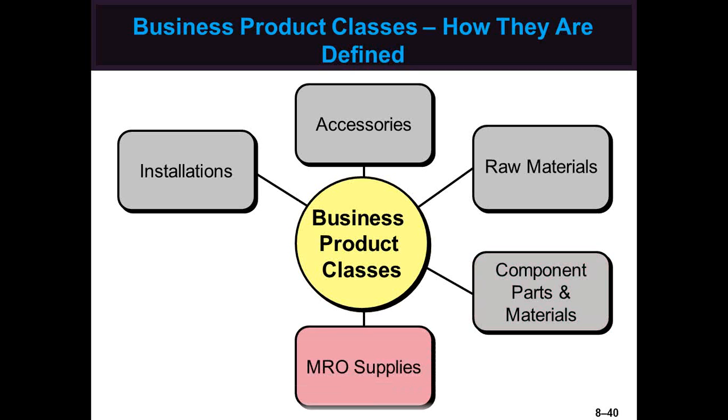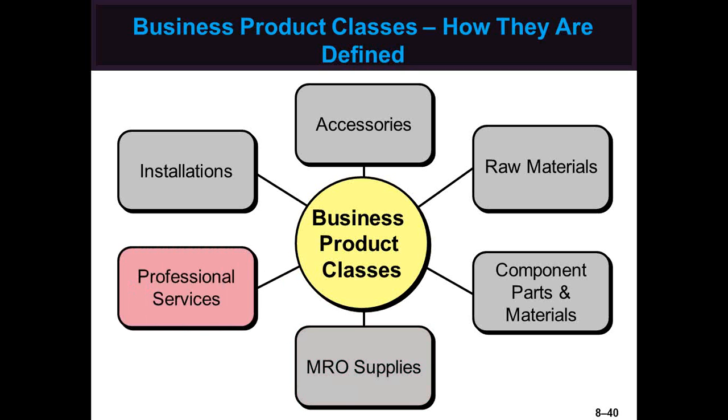Supplies for maintenance, repair, and operating, MRO, are another category. Maintenance supplies include products like paint and light bulbs. Repair supplies are parts needed to fix worn or broken equipment. Operating supplies include things needed to do work, like copier toner and paper clips.